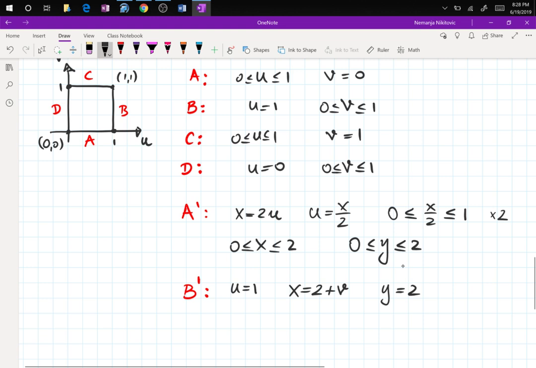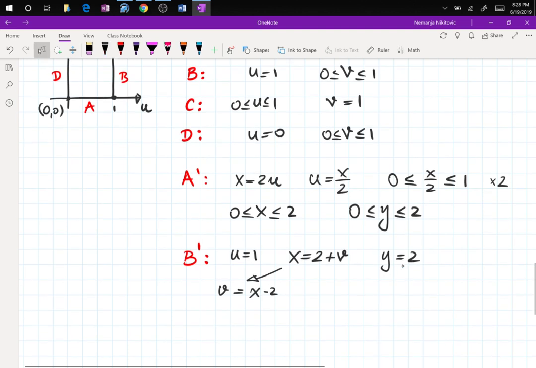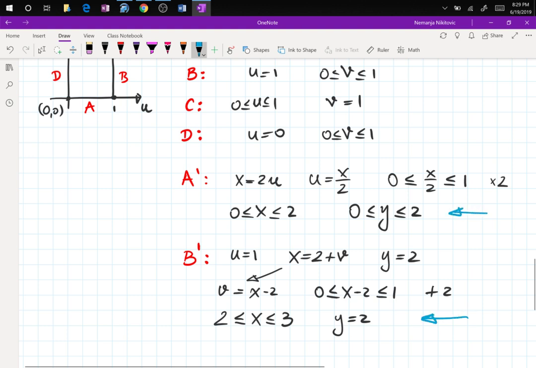So v is equal to x minus 2. And when you plug that into 0 less equal than v, which is x minus 2, less equal than 1, and then you add 2 to each one of these, you get 2 less equal than x less equal than 3, and y equal to 2. I'll point with blue arrows to the rows that contain equations we have to graph.